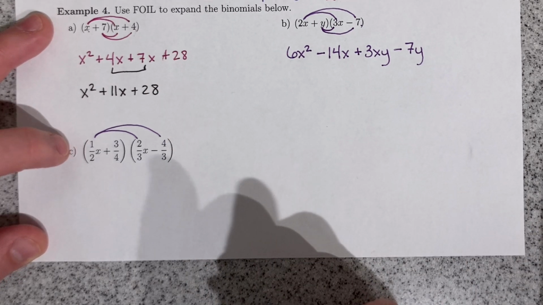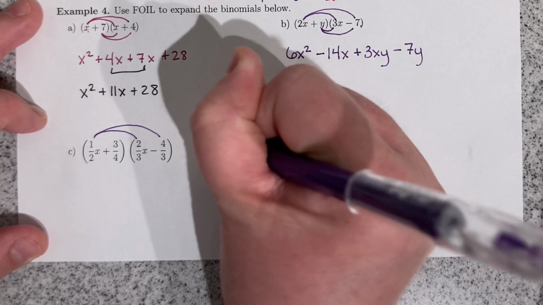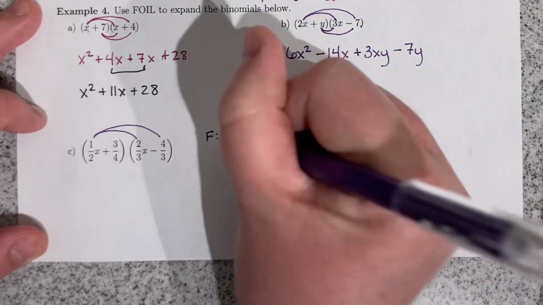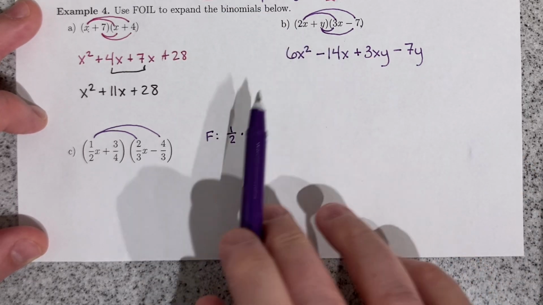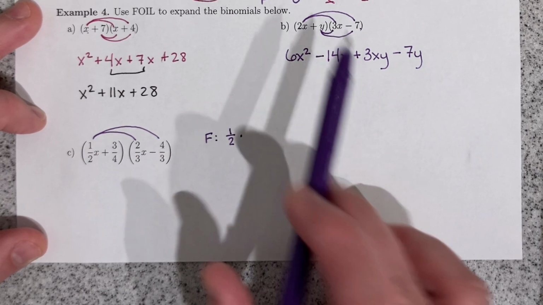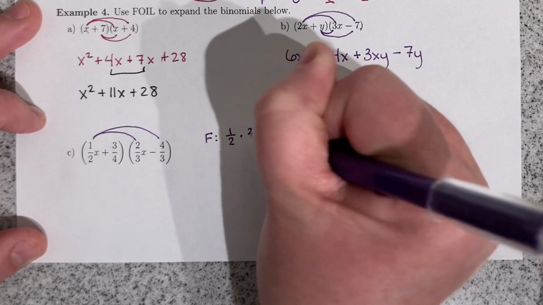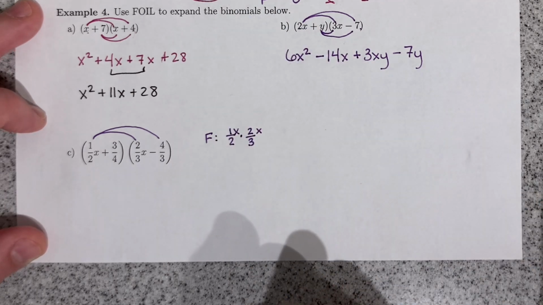I don't really want to do that, but I'm basically going to be writing, yeah, maybe I will. So the first, because I do need to write this out a lot more than I was up here because I can't do 1/2 and 3 times 2/3 in my head like I could 2 times 3. So I got to write it out, so I may as well do it sort of the ALEKS way. Let me put the x's in there though.